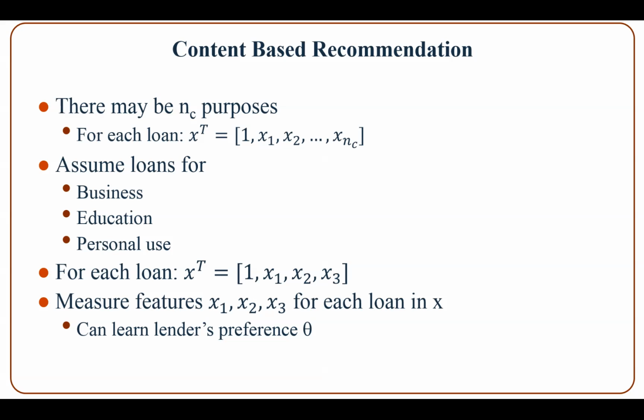If we assume that there are 3 purposes for loans, such as business, education, and personal use, then the vector x transpose would be something like 1, x1, x2, and x3. If we can somehow measure the features x1, x2, and x3 for each loan in x, we can learn the lender's preference theta.